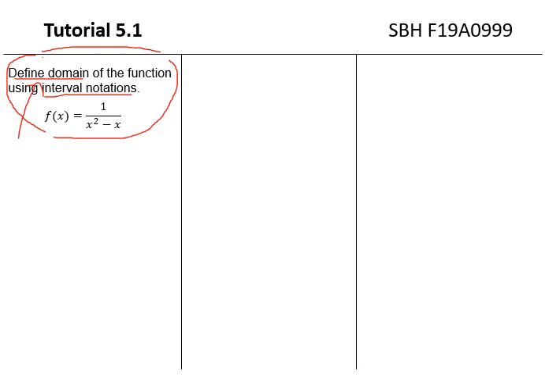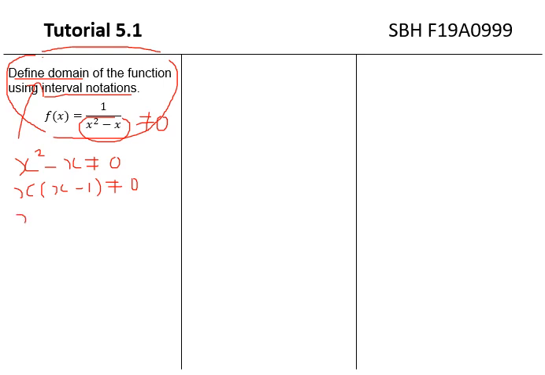In order to make the function valid, the denominator cannot be 0. So we can write the denominator cannot be 0 here. We factorize it.